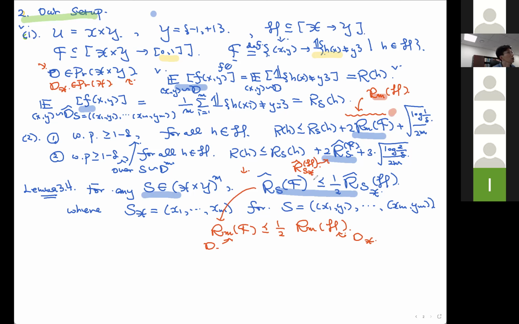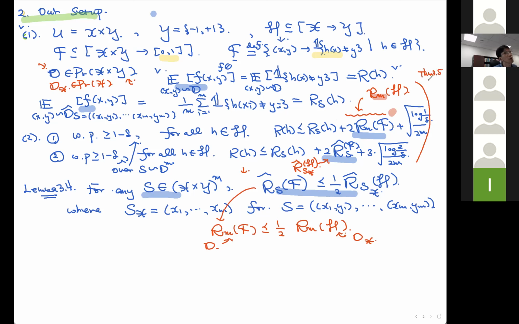So that gives the result. It's just a replacement, what I just described to you. The upper bound that I just described to you is the result called theorem 3.5.